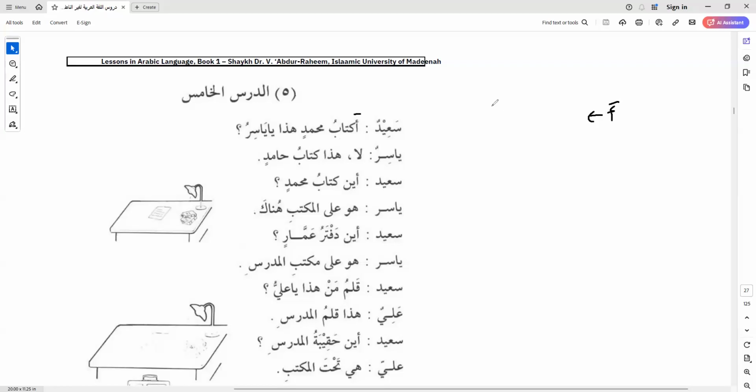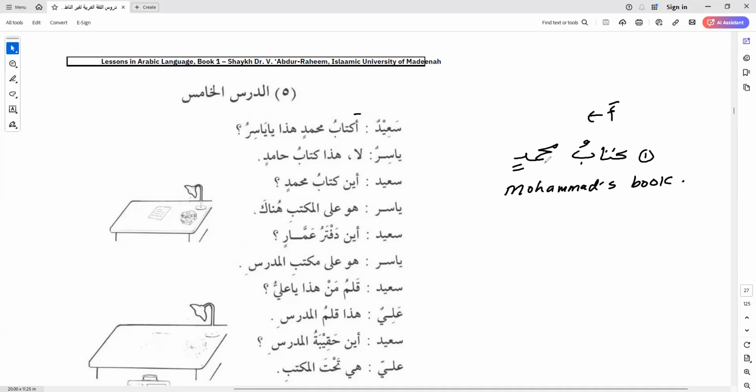Is this Muhammad's book? Kitabu Muhammadin. In English, we say what? Muhammad's book. Or if you want, the book of Muhammad, but possessive, Muhammad's book.